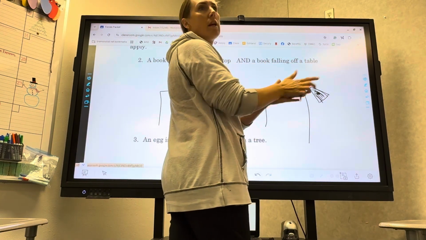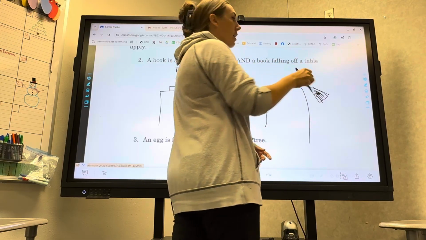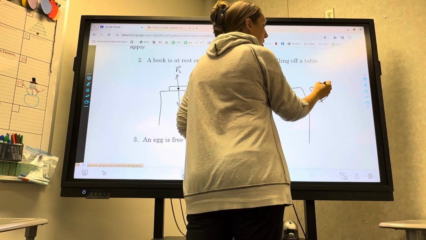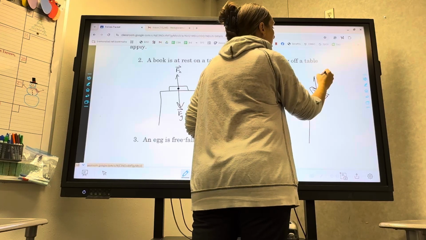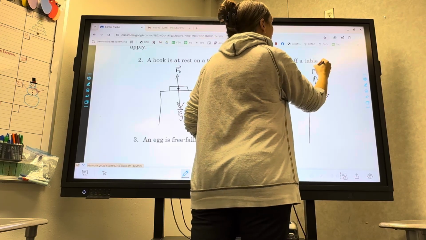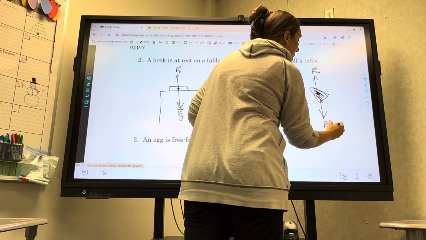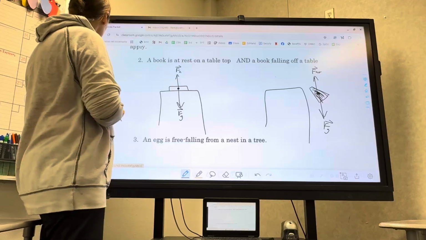Friction. Is it touching anything solid? No. It's got air resistance. Is the air resistance down or up? This is the direction of motion. Good. Air resistance is opposite motion. Force, air resistance. Everything has the force of gravity. It doesn't have normal because it's not on surface. 2-point question.